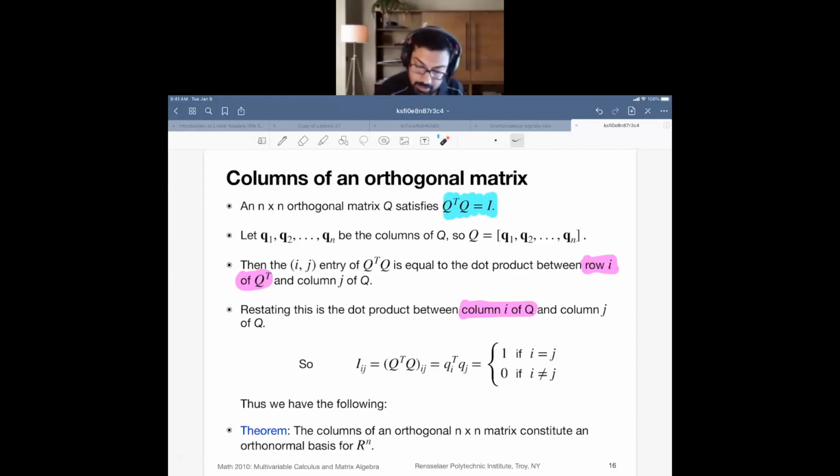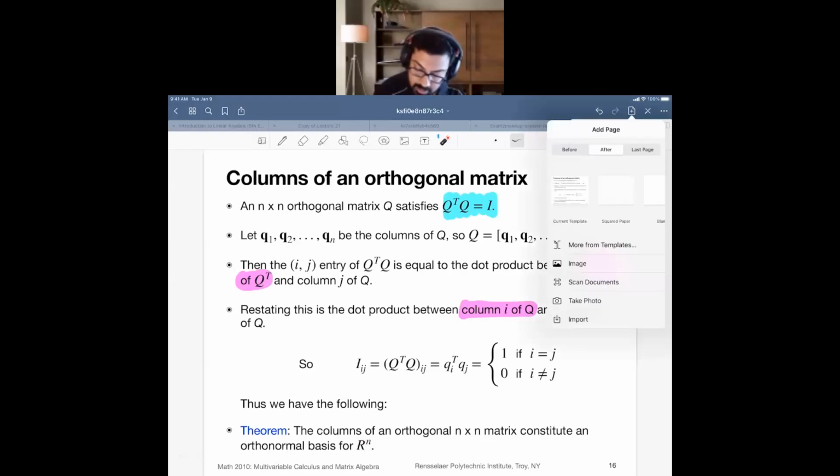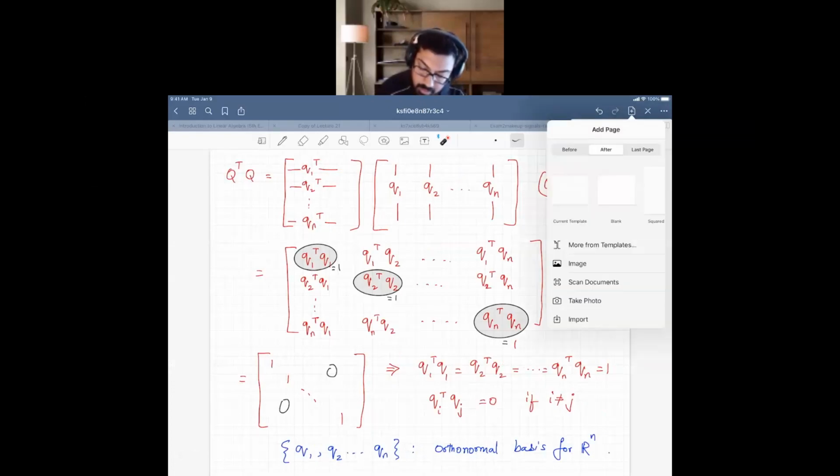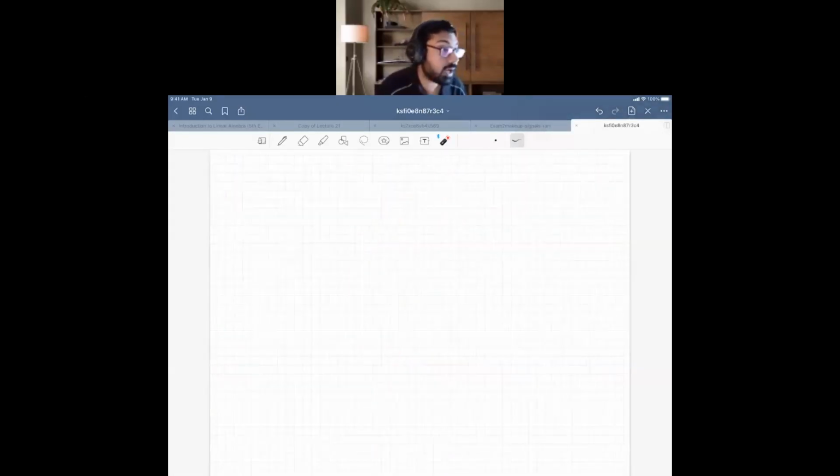For that, let me just add a page here and write why orthogonal. We said this is an orthonormal basis for R to the n. So why basis, why orthogonal, why orthonormal?